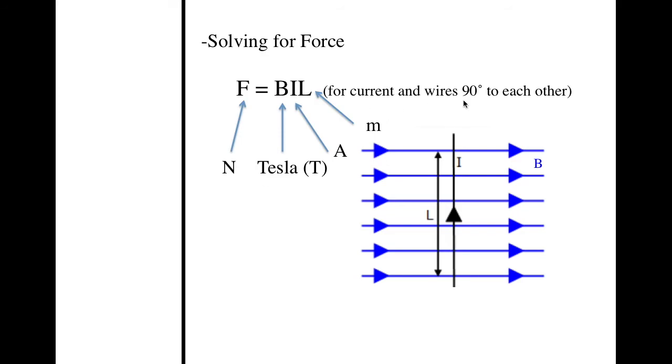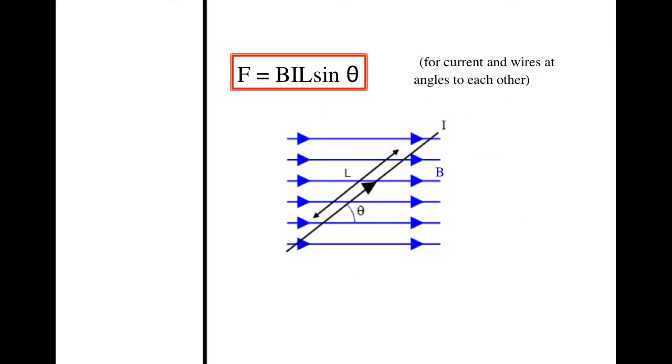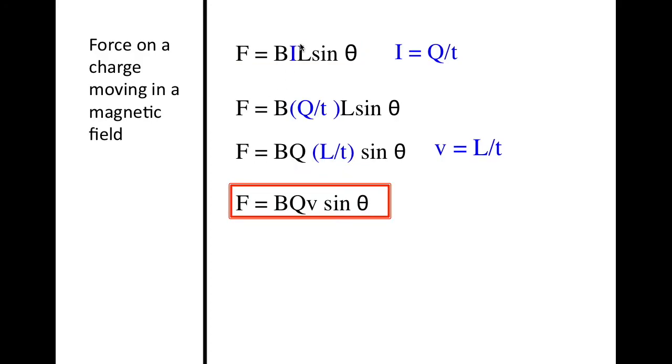And this would be for current and wires that are 90 degrees to each other. For currents and wires that are at angles with each other, we would use the following equation of F equals BIL sine of theta. So here we have the equation from the last slide for when currents and wires are at an angle from each other.